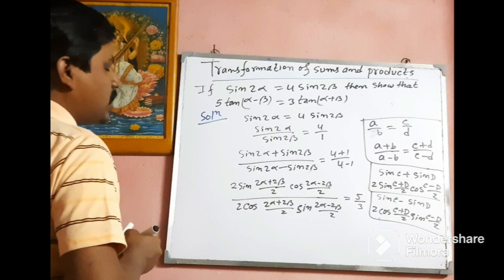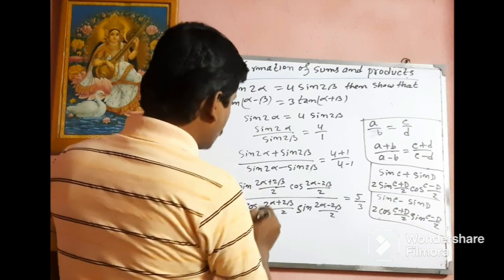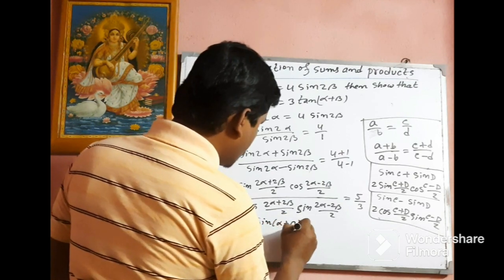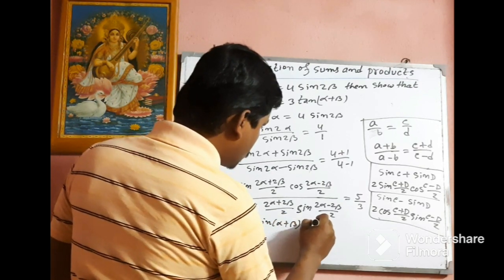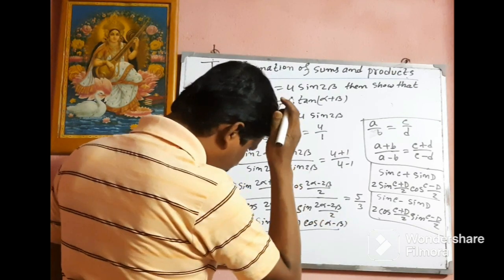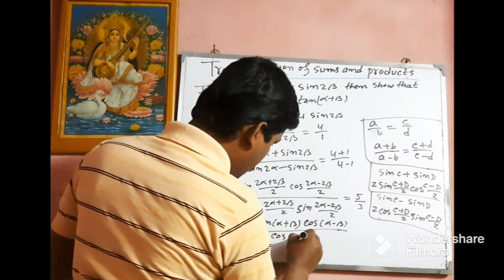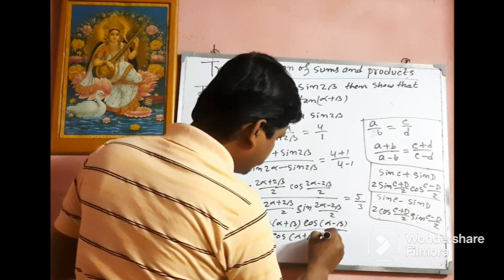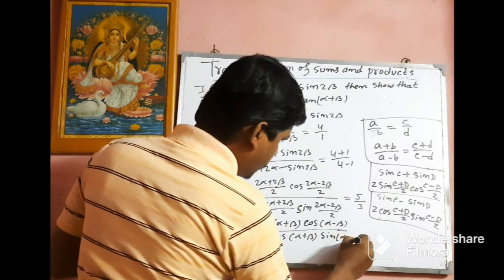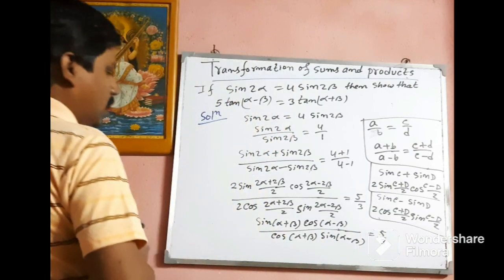Now calculating, we get 2 vanishes here and this will be sin of alpha plus beta and cos of alpha minus beta. Similarly here, cos of alpha plus beta and sin of alpha minus beta is equal to 5 by 3.